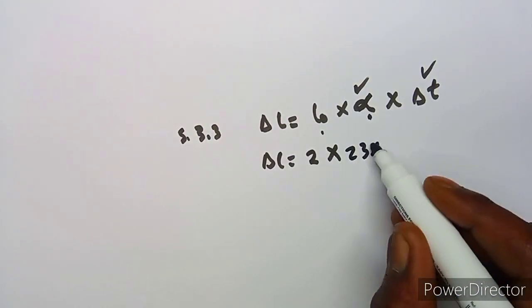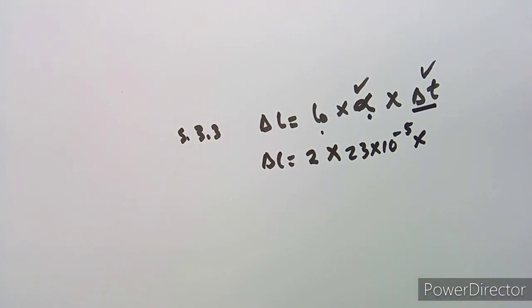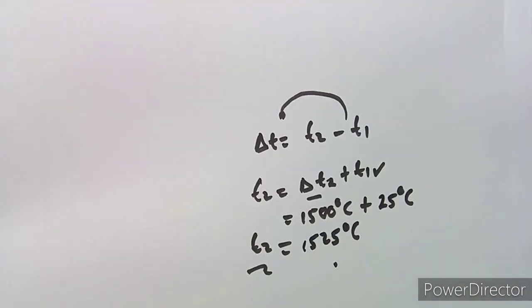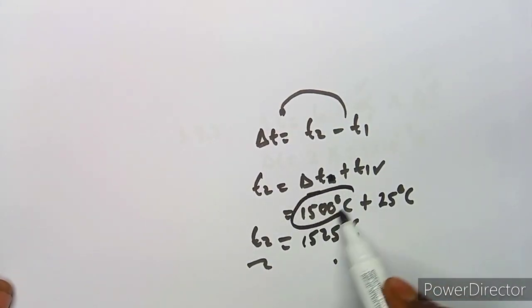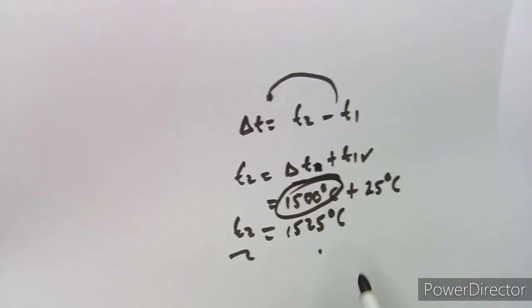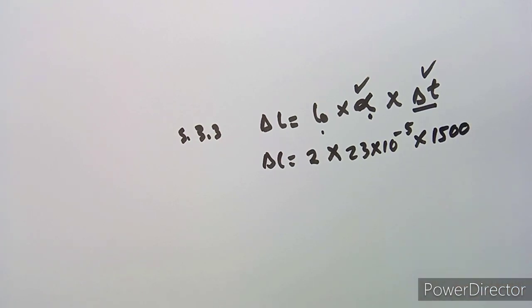Times, instead of you starting to calculate the change in temperature, guys, we already have this. Remember when you calculated our change in temperature, it was 1500, or you just subtract T2 minus T1 and you are going to obtain the same answer, 1500.